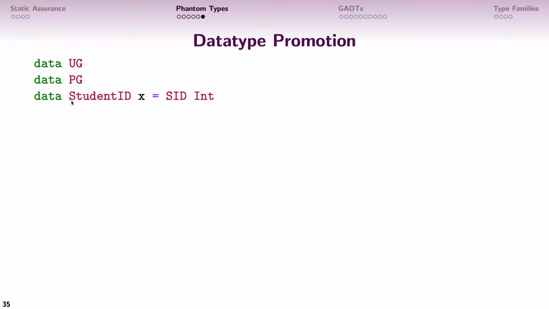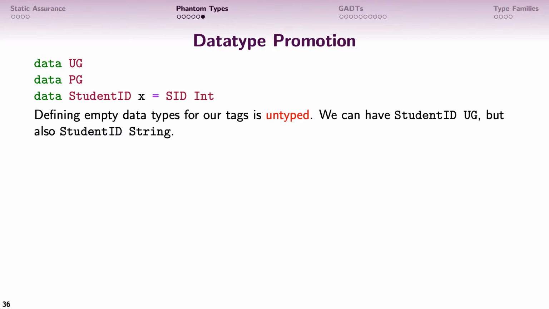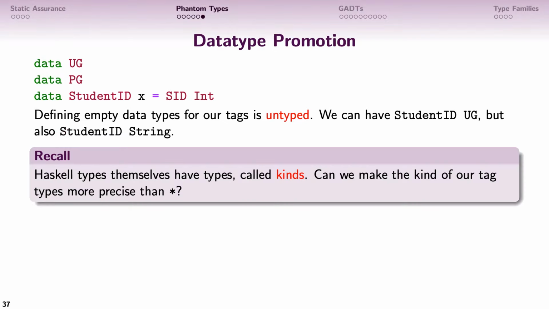So why is it okay for me to construct student ID of string? That doesn't make any sense. It's kind of unpleasant that our type system for our types is so untyped. I appreciate that sentence is a little complex, but what I'm saying is all of the kinds of our tags here is just star.